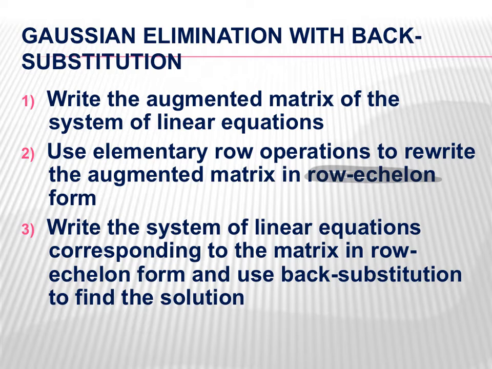Then you write the system of linear equations, so you're going back to equation form, and in that case, you'll get a triangle system, which we know how to solve with back substitution. So if you get it into row echelon, not reduced row echelon, but row echelon, the first row has an X, a Y, a Z, the second row has a Y, a Z, and the third row has a Z. From there, you can work your back substitution.